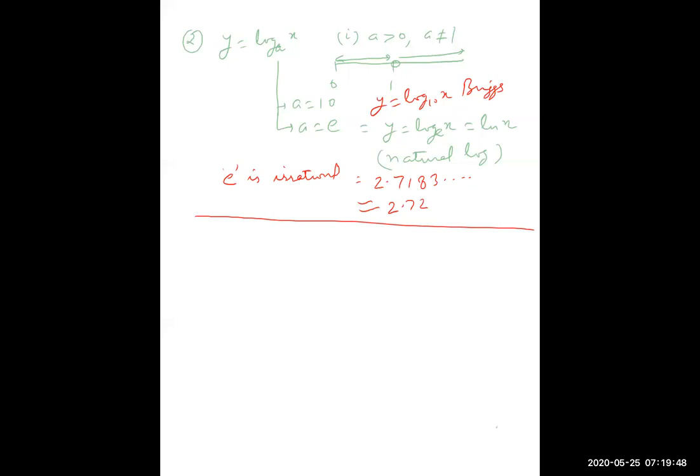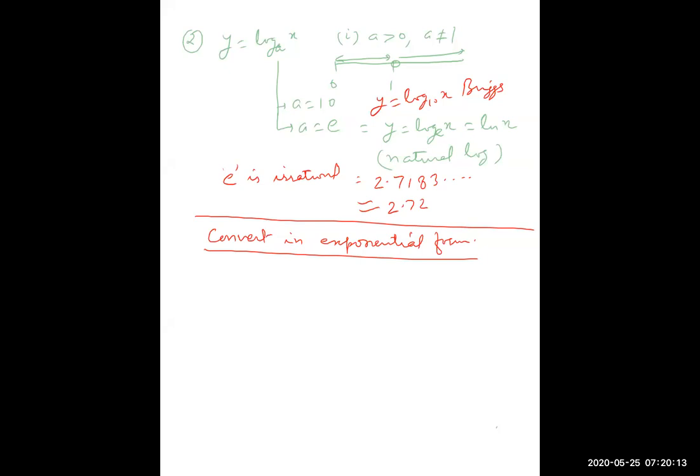Now some questions I am giving on converting from log form to exponential form. The question is given in log form, and we have to convert it, the reverse of the previous question we have done.